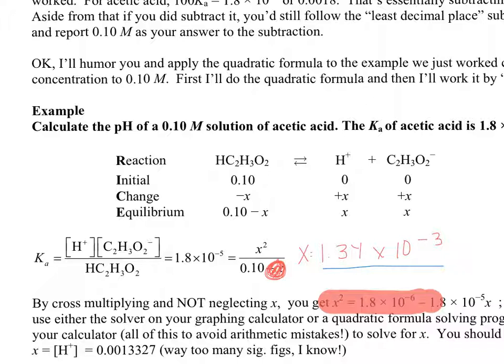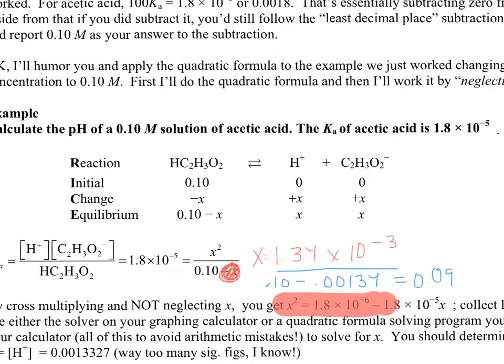For example, if we do 0.10 minus x, which is 0.00134, we will get 0.099.